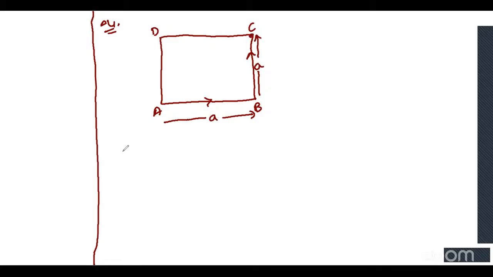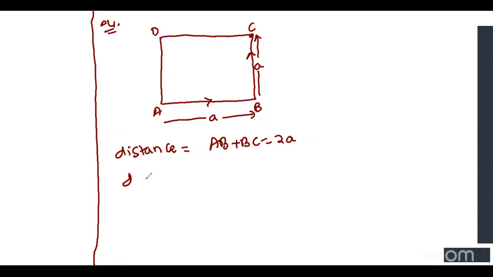Now, what is the distance traveled? A to B, B to C. That means AB plus BC. Very good. Now, displacement.